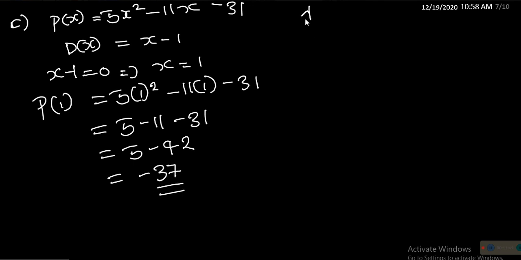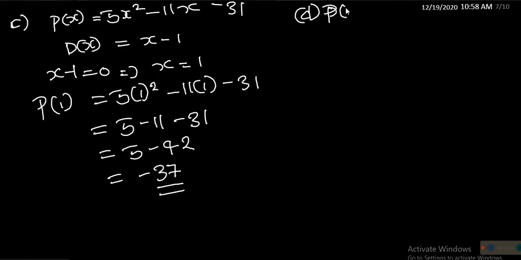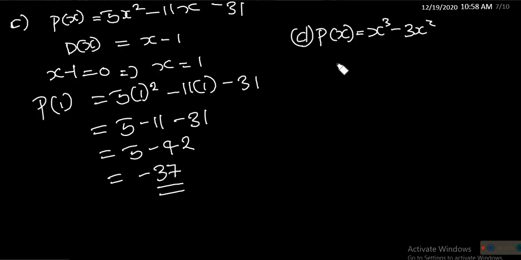So the last one, we have p of x equals x cubed minus 4x squared plus 3x plus 1, and the divisor is x plus 1.